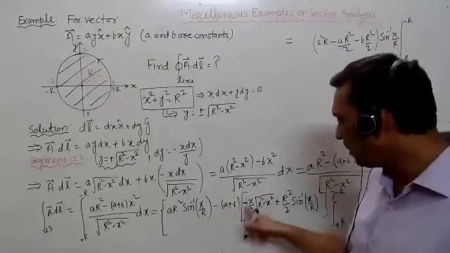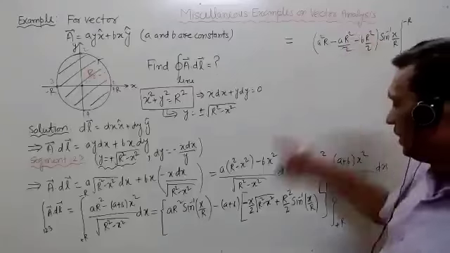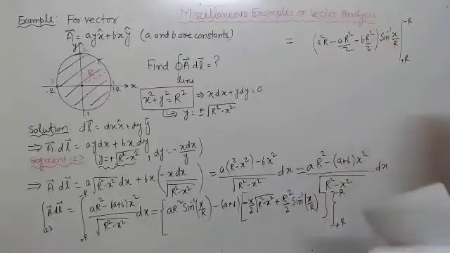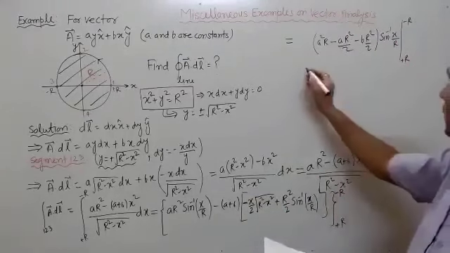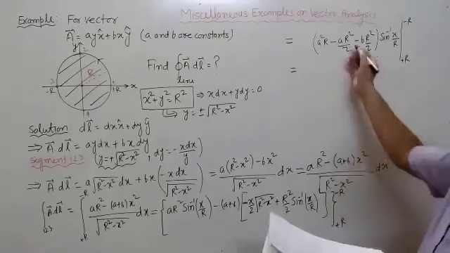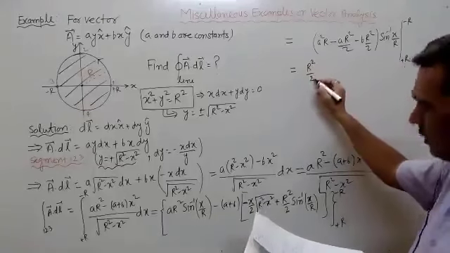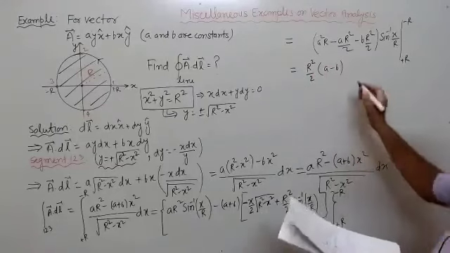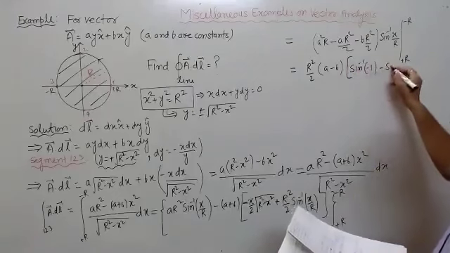Now take a and b separately. The a term has r square by 2 common, similarly the b term is minus b r square by 2. So integrate this and put these limits. Finally, r square by 2 is common, and that will be a minus b, times sine inverse x by r, which is sine inverse of 1 minus sine inverse of minus 1.